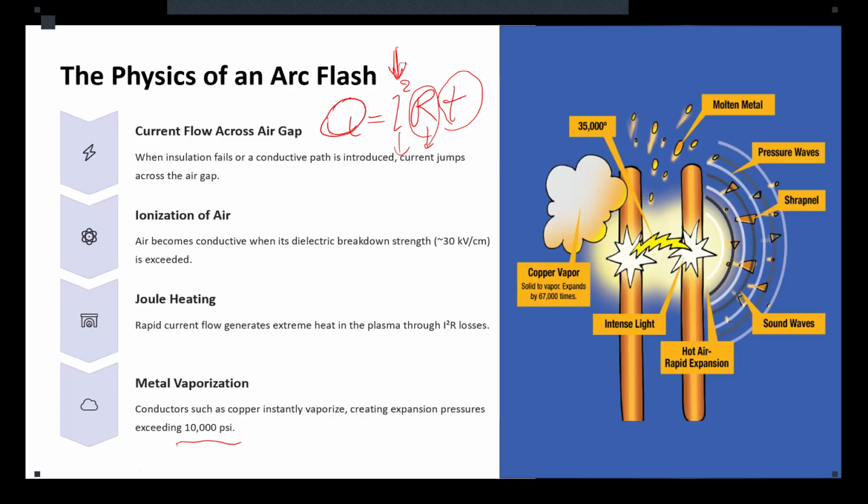So let's put this into perspective. When copper vaporizes, it expands by a factor of about 67,000 times. That's like taking a grain of sand and turning it into a soccer ball in a blink.